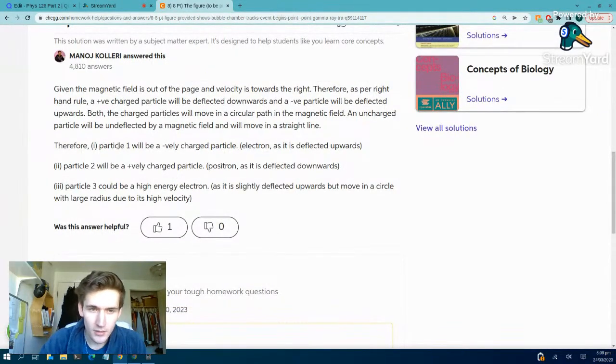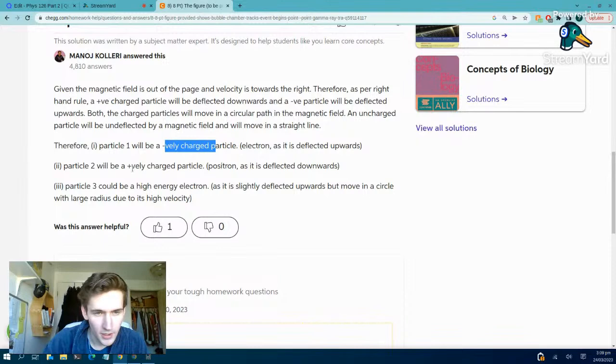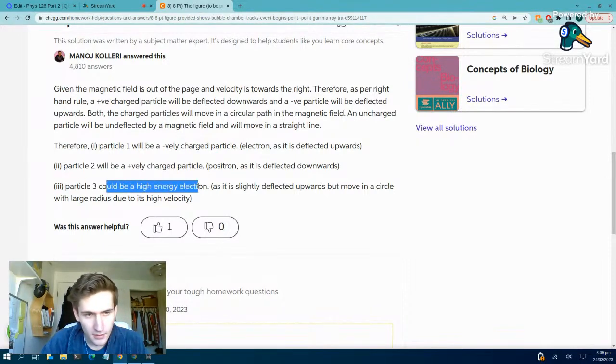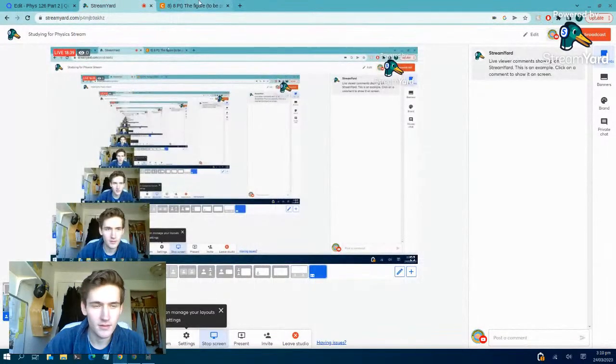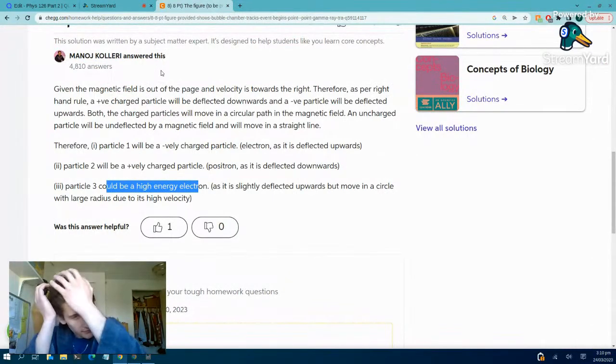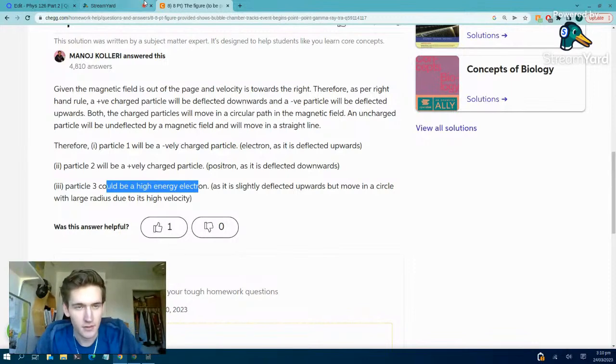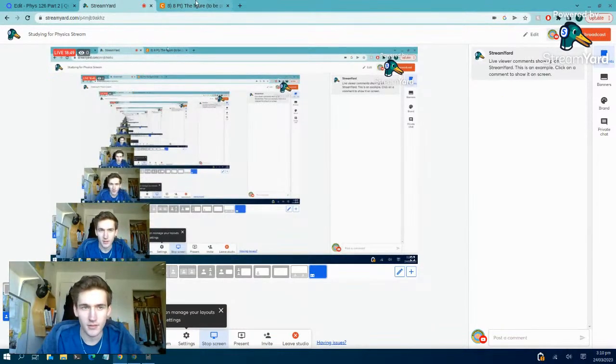Okay, so therefore particle 1 will be negatively charged. We got that correct. Particle 2, positively charged, correct. Particle 3 could be a high energy electron. What does that mean? As it's slightly deflected upwards but moves in a circle with large radius due to its high velocity. I don't know what that means.